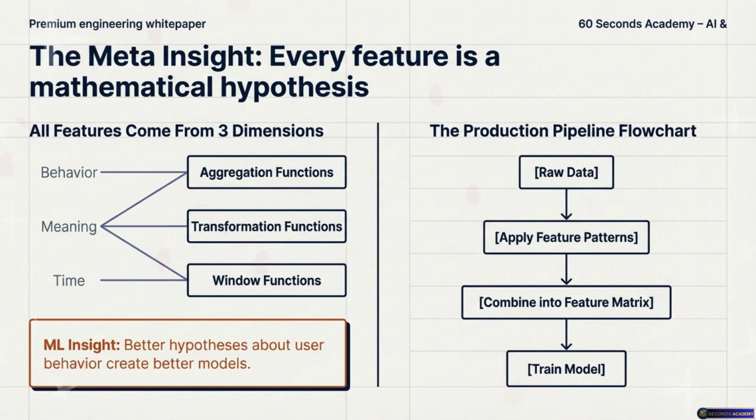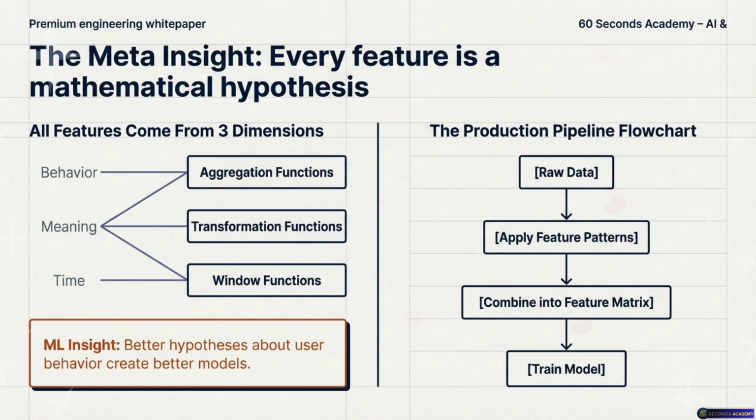But the playbook also brings up a crucial conceptual point here, which I think is the most important mindset shift of the whole process. The idea that features are hypotheses. What does that mean in practice? This is the exact moment a coder becomes an engineer. When you write a feature, say, calculating the 7-day rolling average of password resets, you are not just doing math. You are encoding a belief about human behavior.